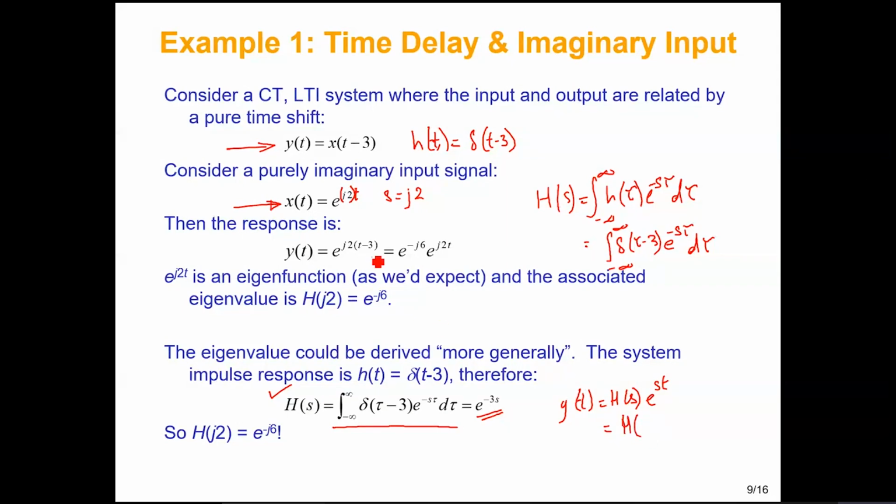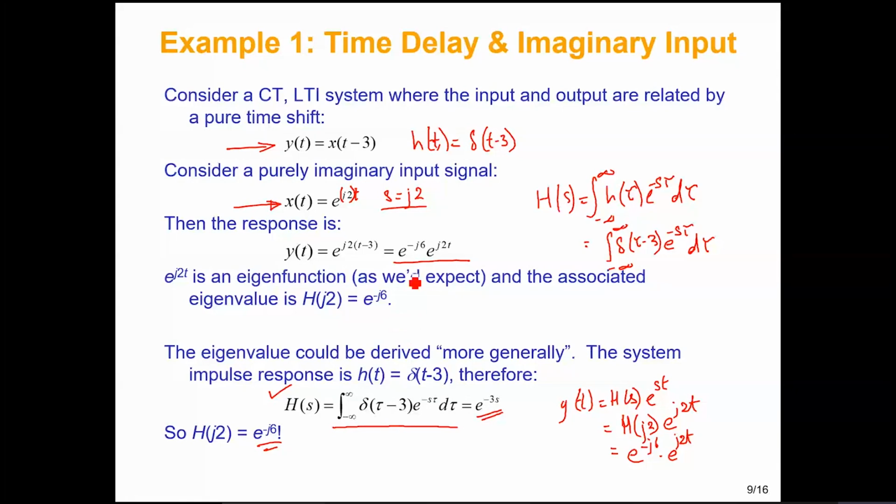So it is H(j2) into e raised to power of j2t. We can just plug in the value of s as j2 here. If you put s as j2, it becomes e raised to power of minus j6. So the answer is simply e raised to power of minus j6 into e raised to power of j2t. This is the answer that we have right here.